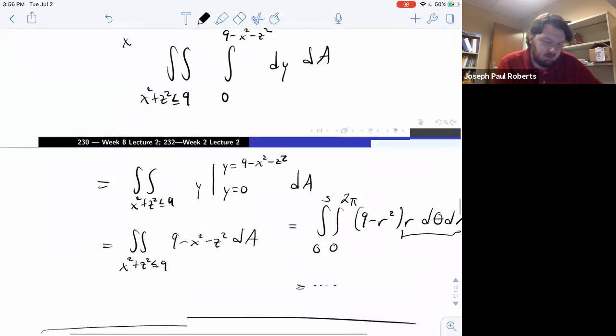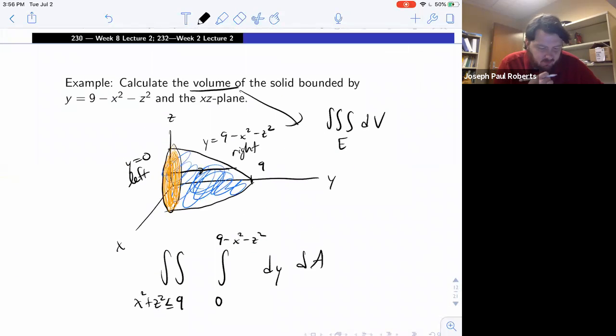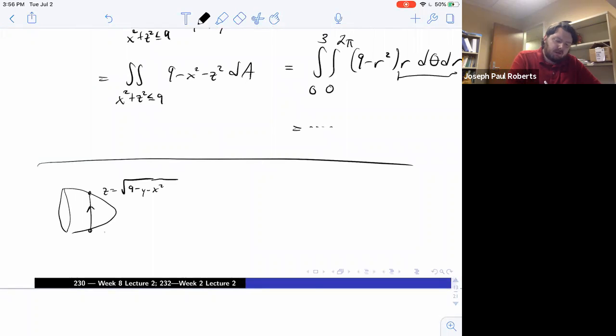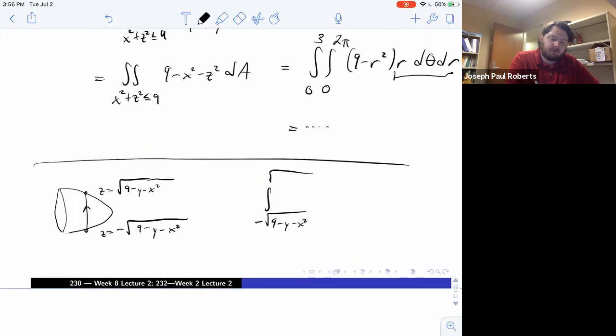that z, if you solve for z on the top half of that elliptic paraboloid, you get that z is plus the square root of 9 minus x squared minus y. And down here, you'd have z is minus the square root of 9 minus y minus x squared. And those would be your bottom and top surfaces.